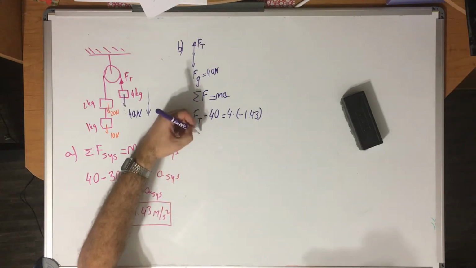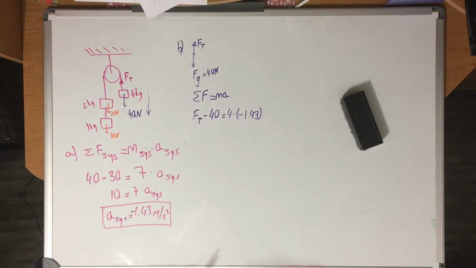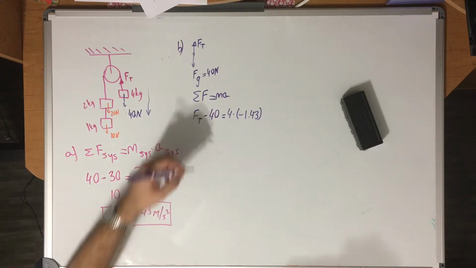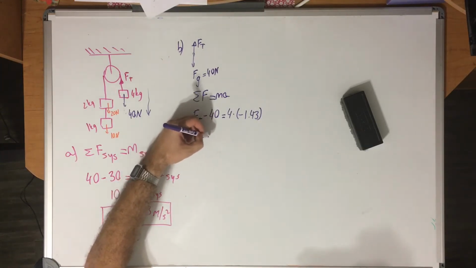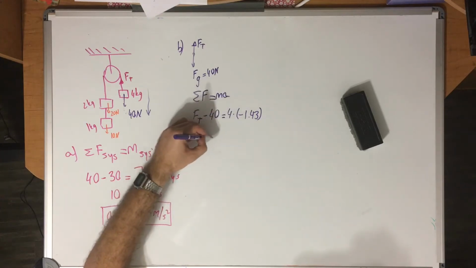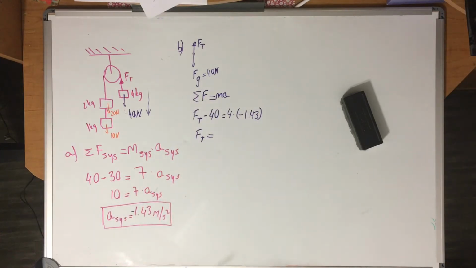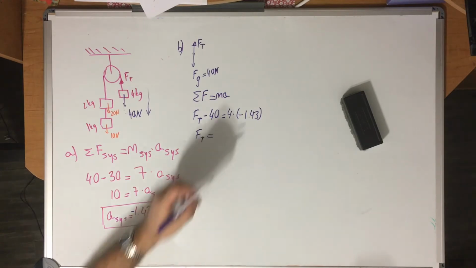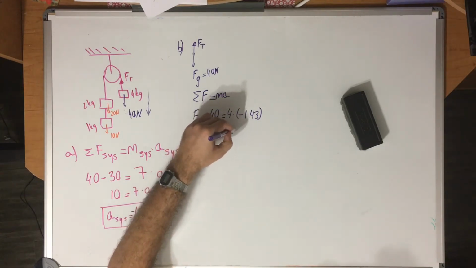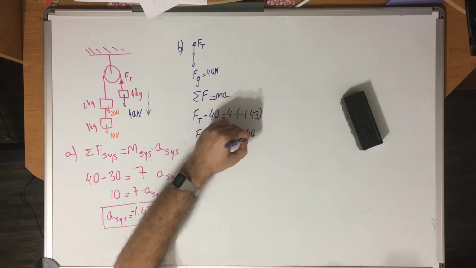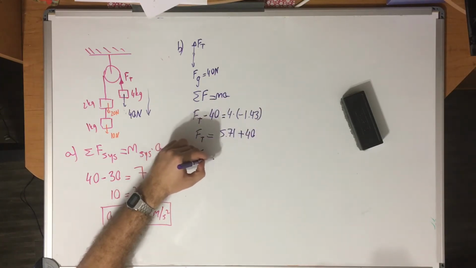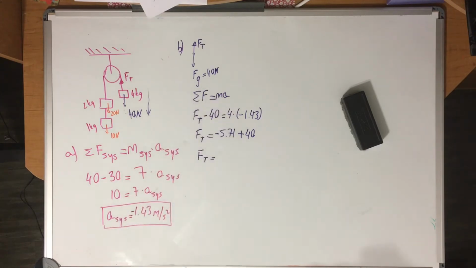And now, what is my F tension going to be? F tension minus 40. 40 is going to go to the other side. So 4 times 1.43 is going to be equal to negative 5.71. So 5.71 plus 40. So your F tension will be equal to, sorry, that is going to be negative.